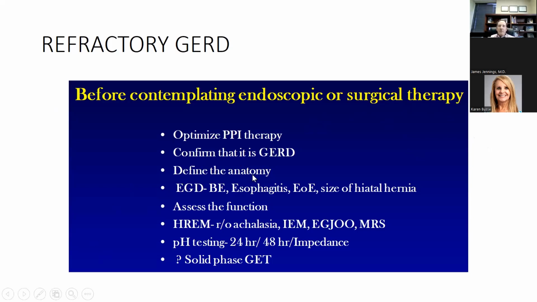We want to define their anatomy. Like I told you, the Hill grade, what their esophagogastric junction looks like, looking at the size of the hiatal hernia. Again, we want to rule out other things with manometry, such as achalasia and esophagogastric junction outlet obstruction. Talked about pH testing. And then in some patients, we may want to do a gastric emptying scan to make sure the stomach's emptying as well.